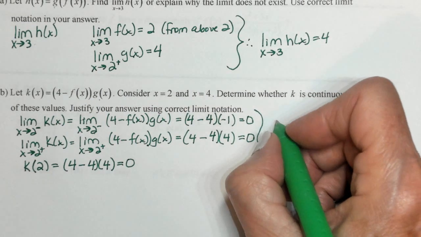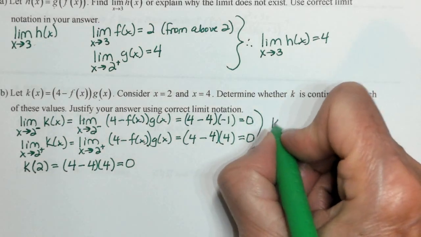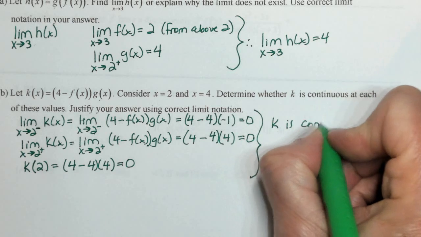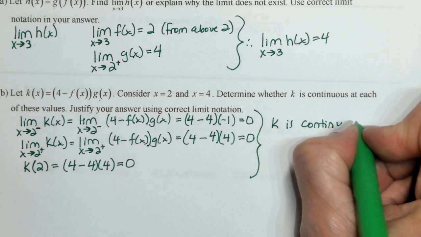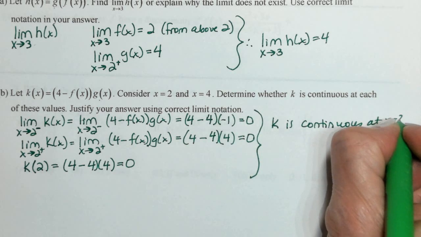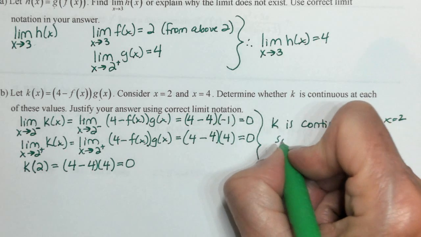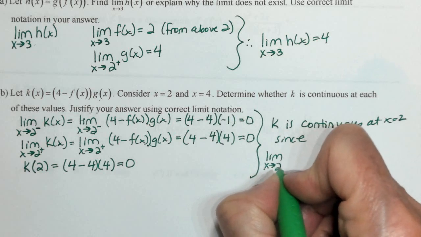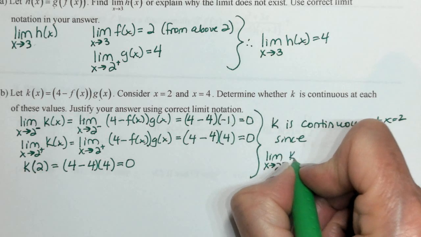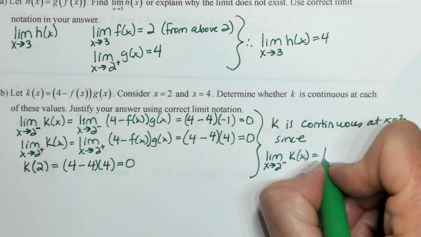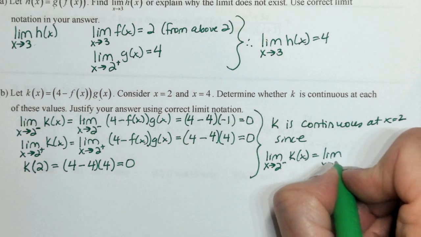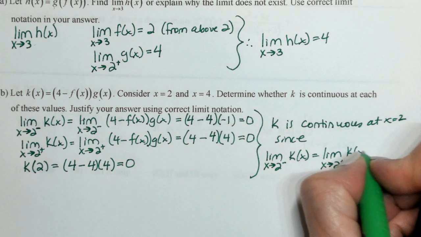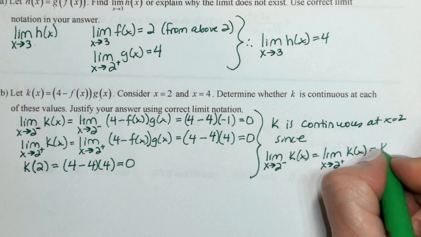And now I can say that k is continuous at x equals 2 since the limit as x approaches 2 from the left of k is equal to the limit as x approaches 2 from the right of k, and that is equal to k at 2.